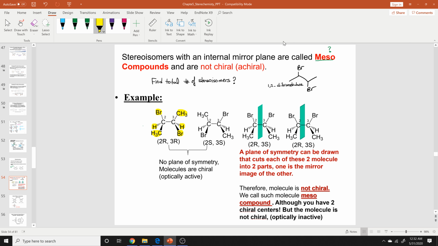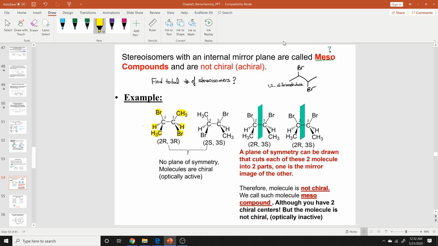So normally meso compounds do not have mirror images, because you can draw a plane of symmetry within the molecule and cut the molecule into two parts. One part is the mirror image of the other. So no need for you to draw a mirror, because if you draw a mirror image and rotate it 180 and put it on top of this one, they are going to align with each other.